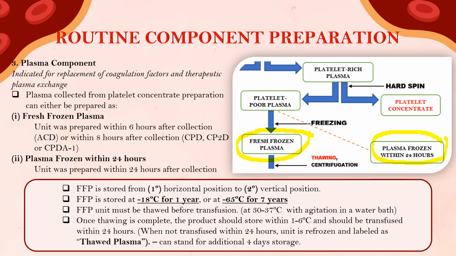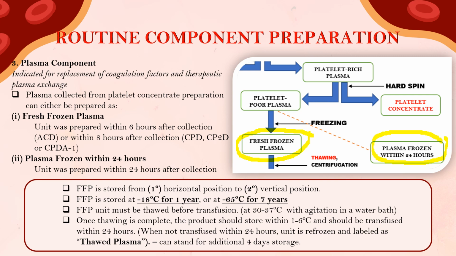So if a plasma unit has been prepared within 6 hours after collection, if ACD is used, or within 8 hours after collection, if CPD, CP2D, or CPDA1 is used, we term the component as fresh frozen plasma.